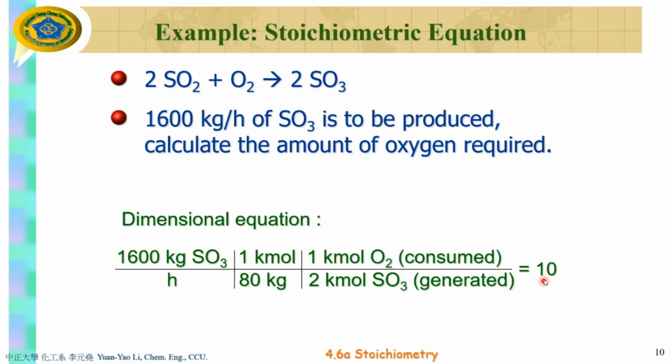So as a result, you got this number, 10 moles. Right, so this is what we call a dimensional equation. I hope you still remember. In a dimensional equation, you need to put the units, so it's easier for you to do the calculation, right? And this is called the stoichiometric ratio.